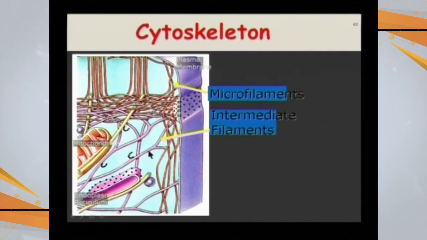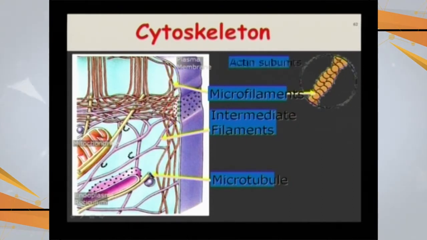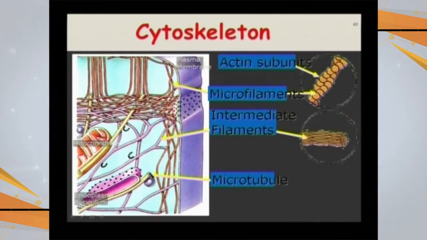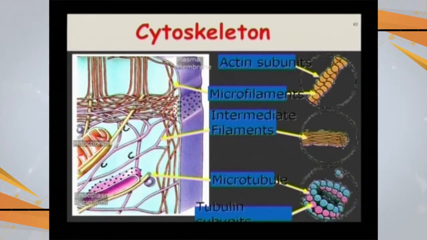This is one of the intermediate filaments, bigger than that. So this was almost 8, and this from 8 to 12 nanometers in diameter. And these are the microtubules which are hollow in the middle, 25 nanometers total diameter, and the lumen inside is on average 15 nanometers. So these are the molecular details, how these are made by different varieties of protein. All of these are basically protein in nature.